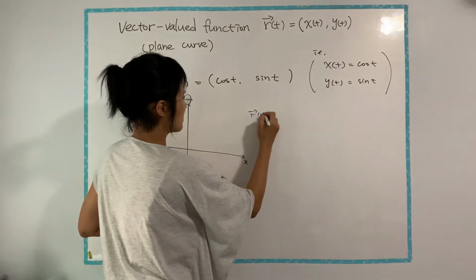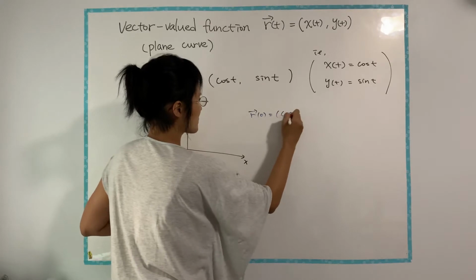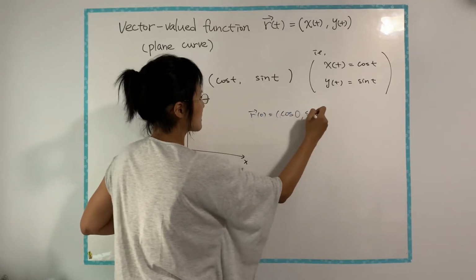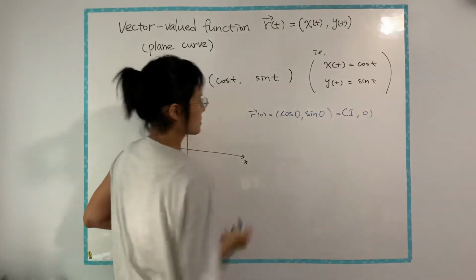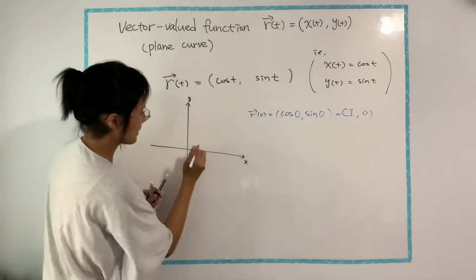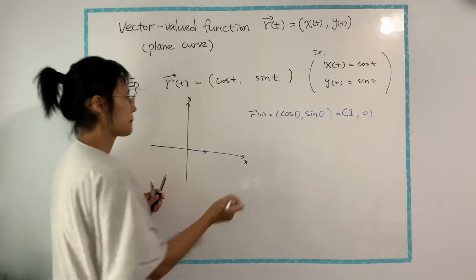r of 0 is the vector cosine 0, sine 0, which equals 1, 0. If I'm just treating this as a vector, then 1, 0 is this vector, right?